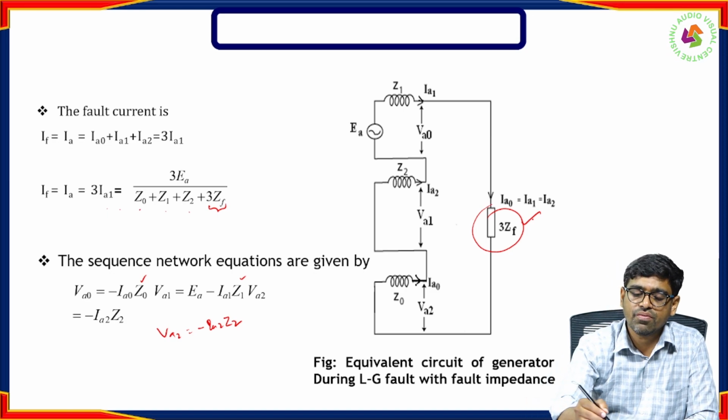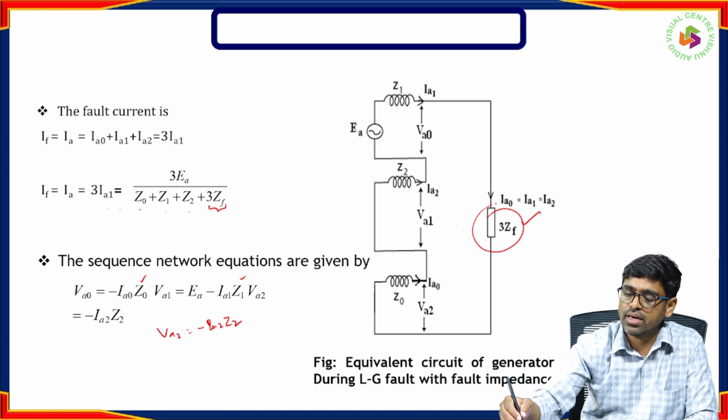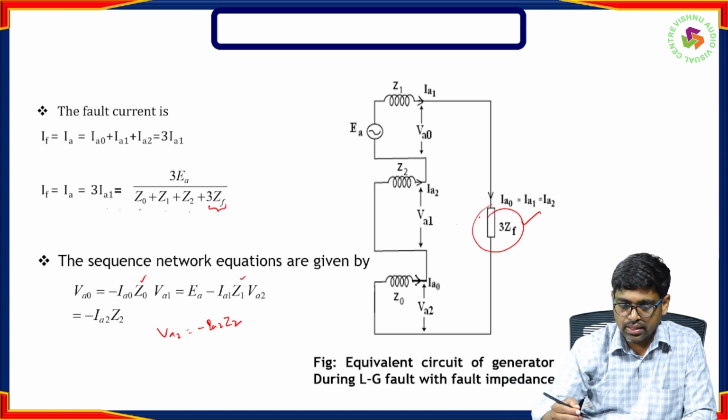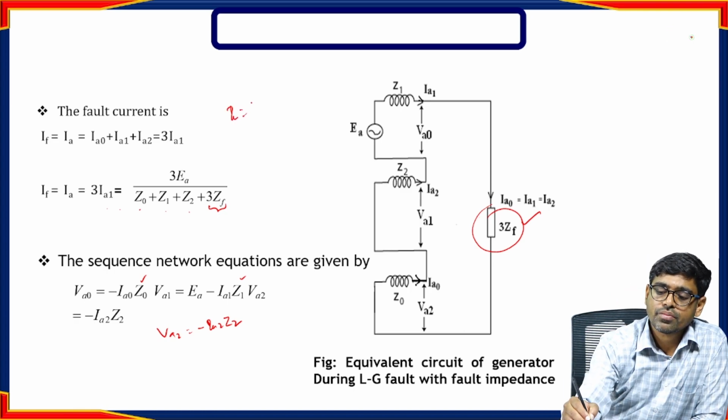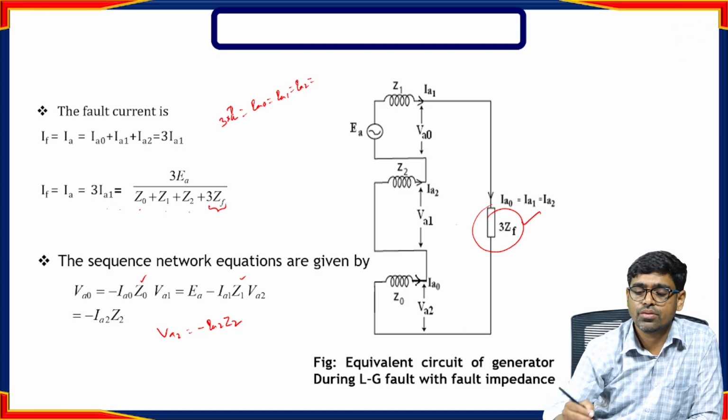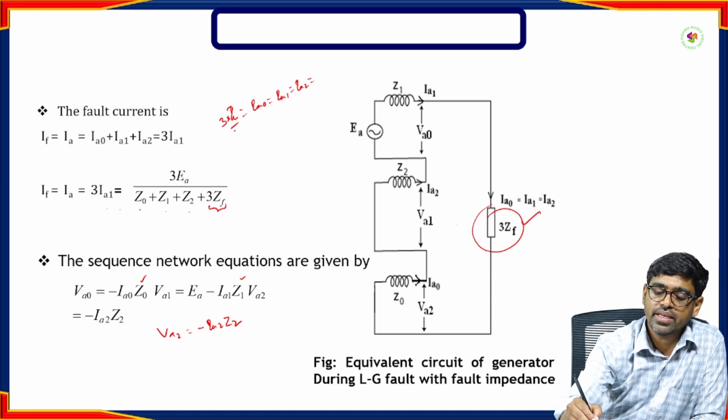So the current which is flowing here is 3 times of IA0. This IA1 current, 3 times of IA1 is flowing here, and we can calculate it as IA equal to IA0 equal to IA1 equal to IA2 equal to IA by 3.